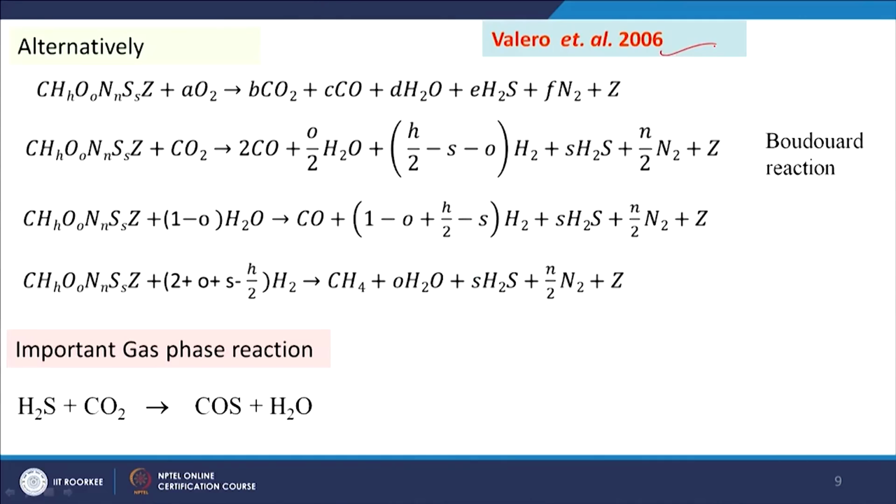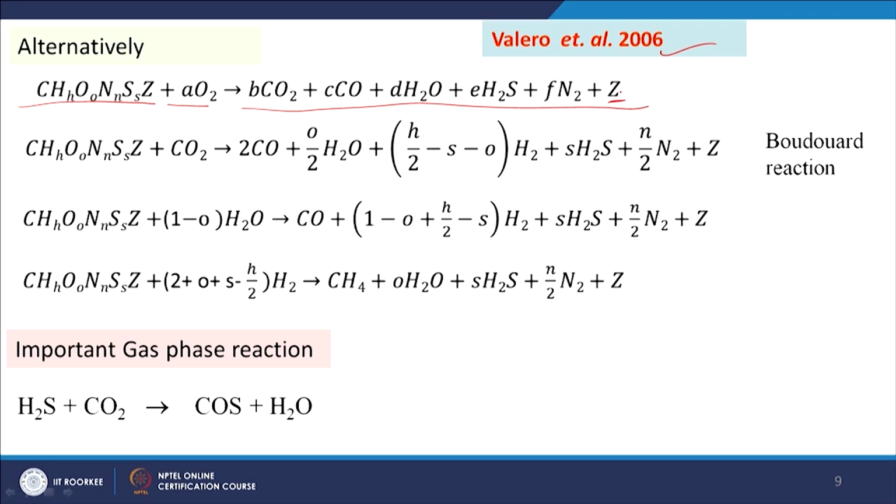In 2006, Valero presented this phenomenon nicely, considering the presence of ash as well as sulfur, nitrogen, etc. They gave a molecular representation of the coal, CHHOONNSSZ plus AO2, which is converted to CO2, CO, H2O, H2S, N2 and Z. Z is our ash.